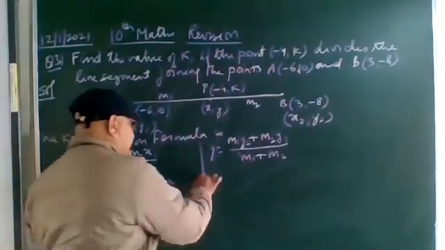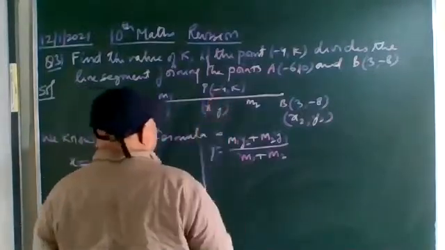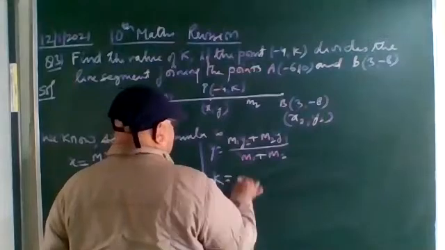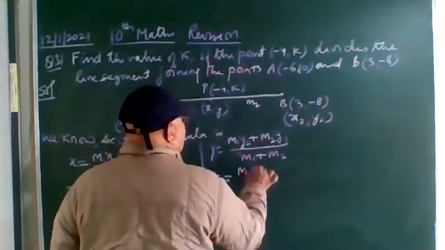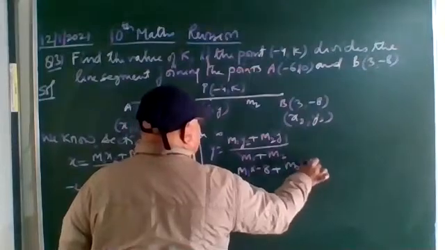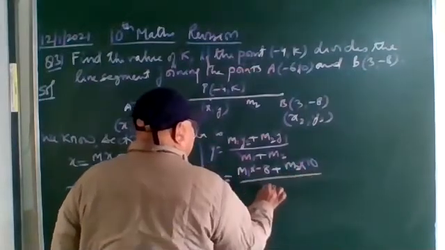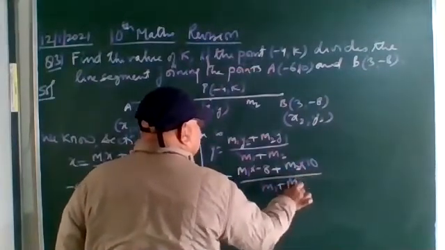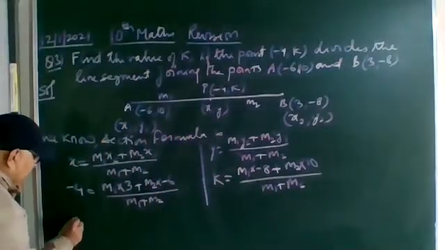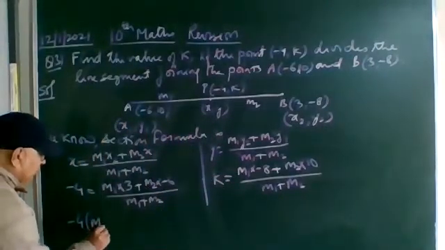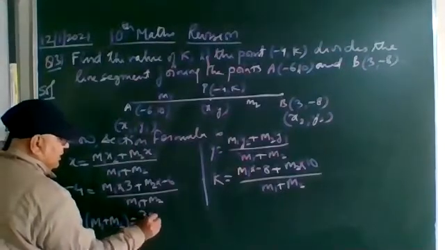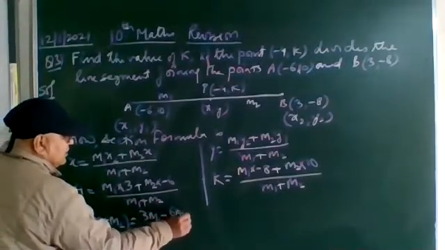Again, k equals (m1 into minus 8 plus m2 into 10) upon (m1 plus m2). So minus 4 into (m1 plus m2) equals 3m1 minus 6m2.